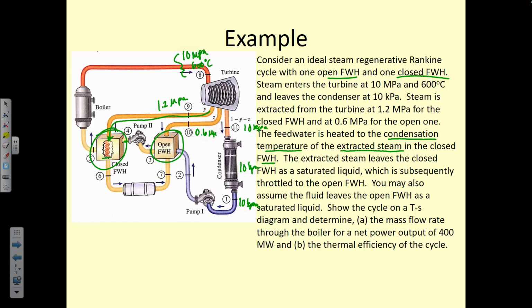How do we know the saturation temperature? Just look at the chart. We know the pressure of the steam coming through. We know it's condensing. It's going to condense at that pressure, which means the temperature is fixed, right?